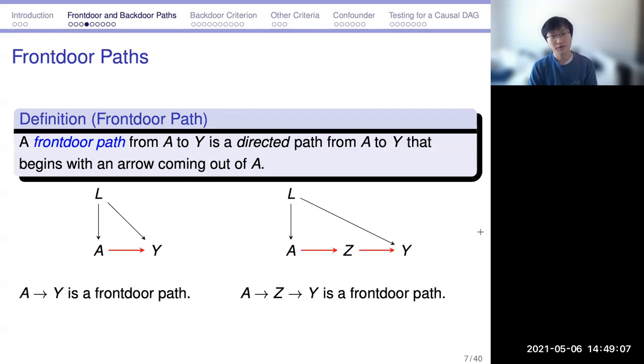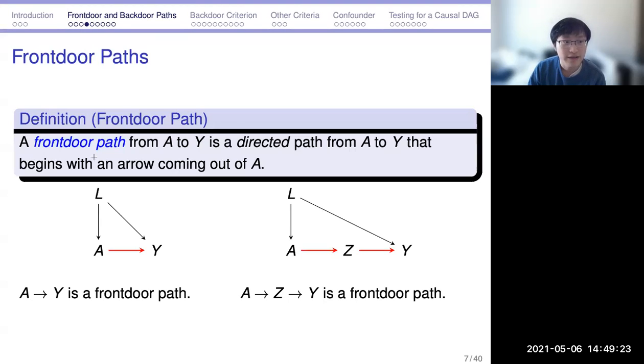Okay, so now we're ready to discuss front door, backdoor paths, and the backdoor criteria that tells us when we have conditional ignorability.